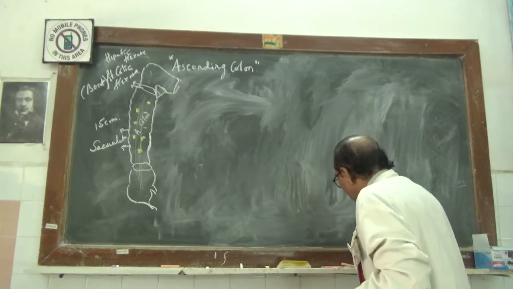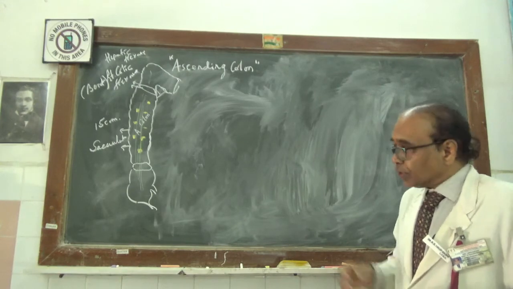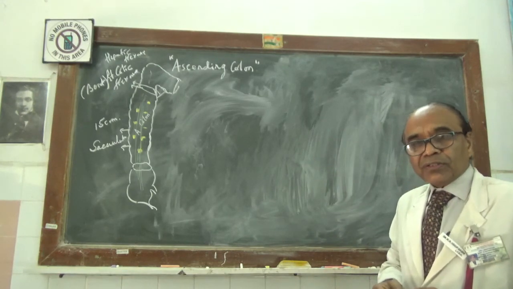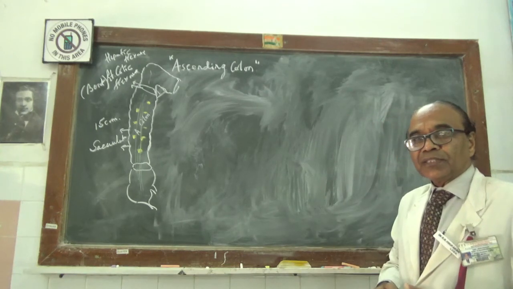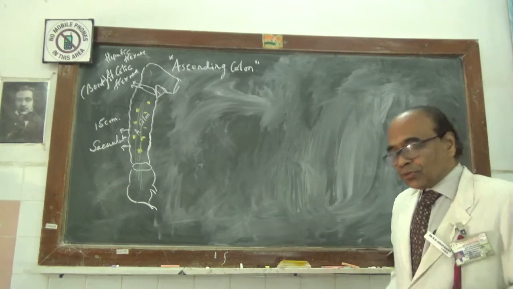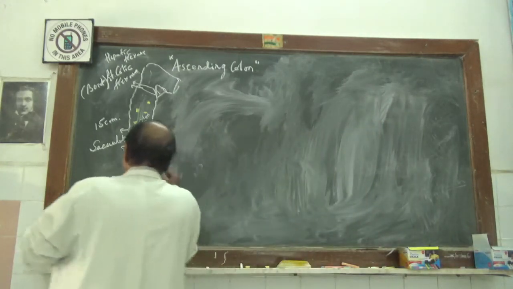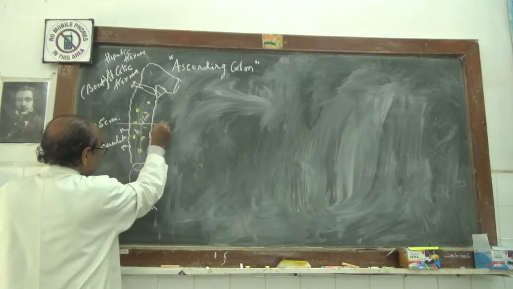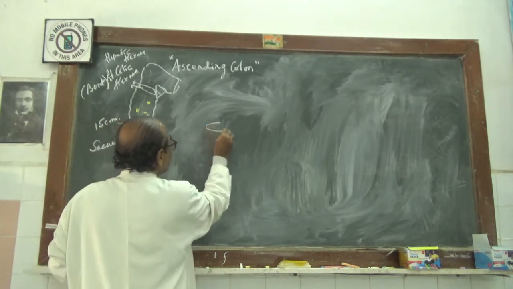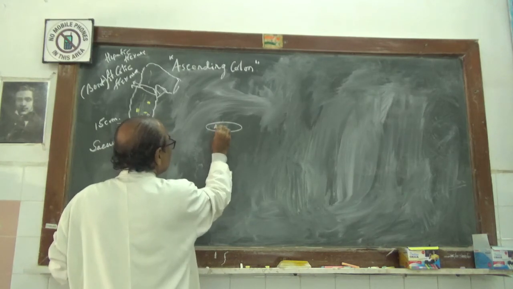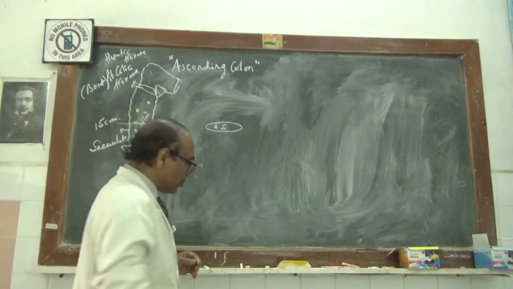So now, after having understood the ascending colon, what are the things related to it? In order to understand that, you have to take a cut section in any part of the ascending colon and keep it like this. So this may be the ascending colon for the purpose of explanation.